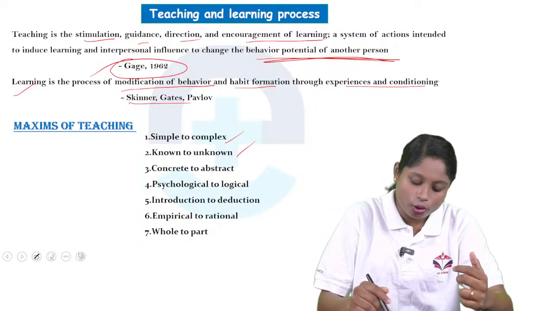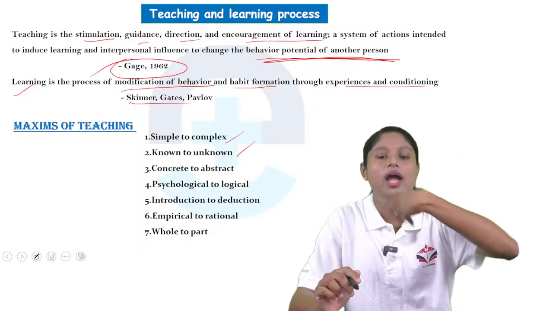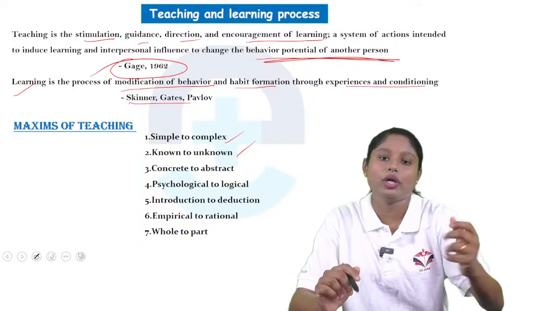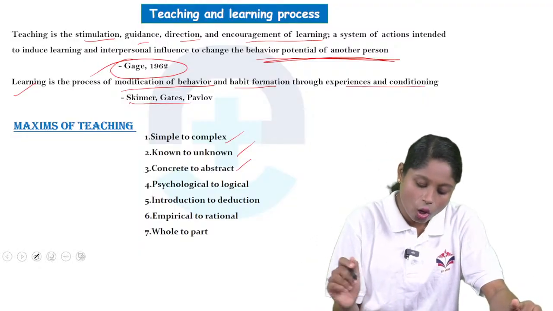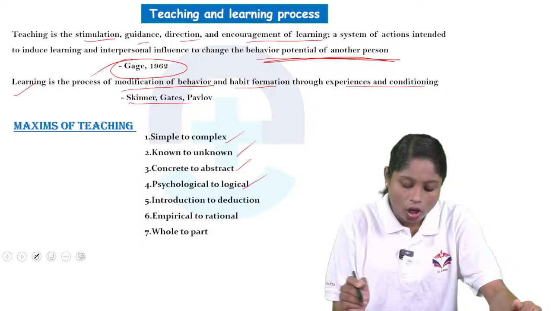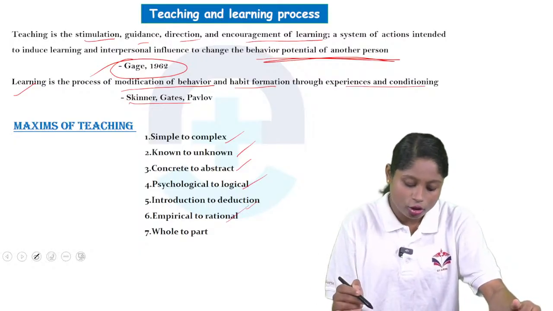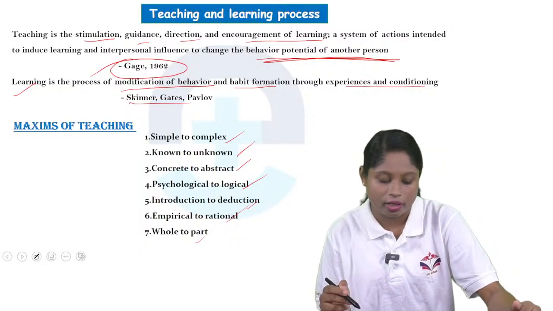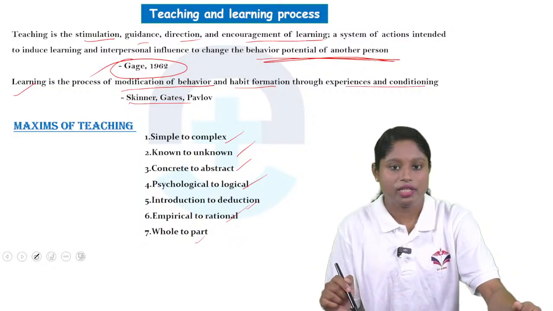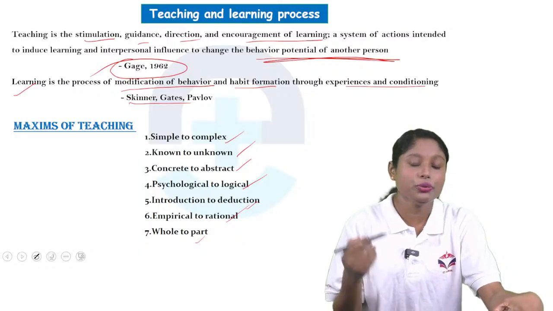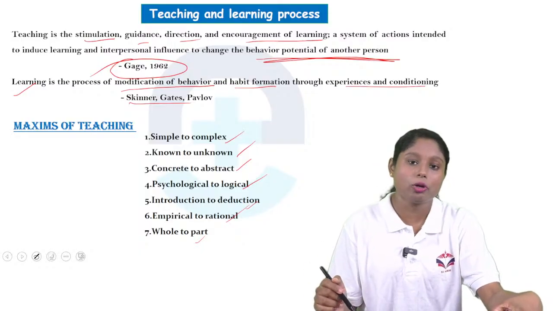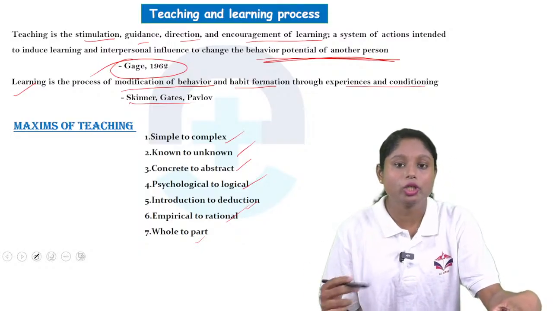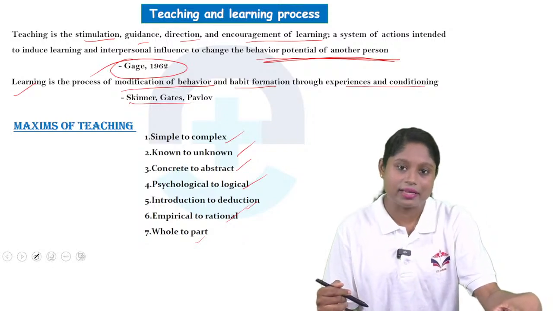Next is known to unknown: from the known topic to the unknown, deeper topics. Concrete to abstract, psychological to logical, induction to deduction, empirical to rational and whole to part. So these are the maxims of teaching. You need to study more about the teaching and learning process because it is one of the important topics that may come for the exam.